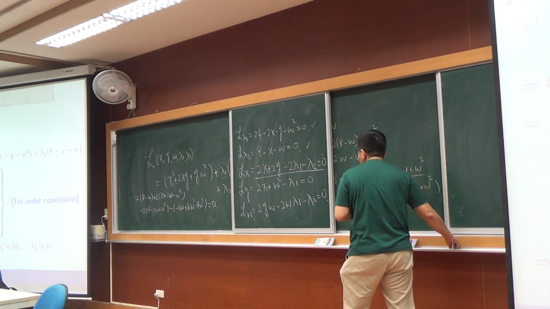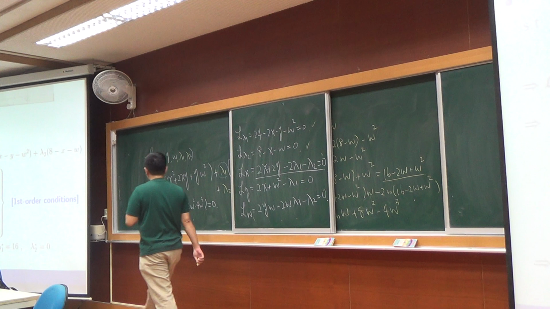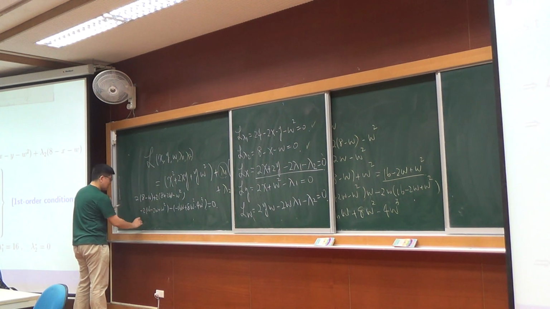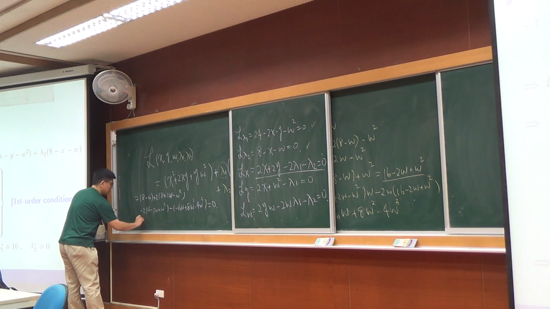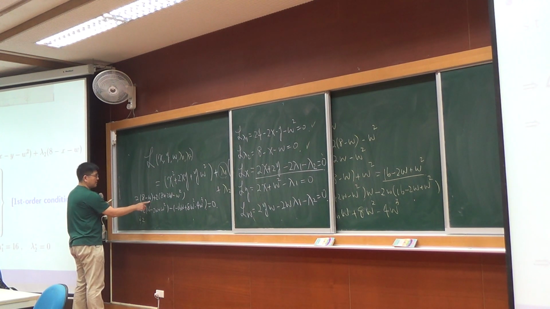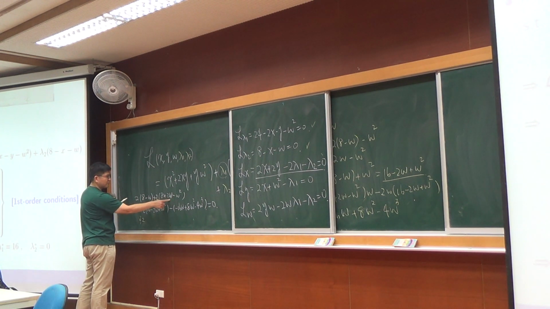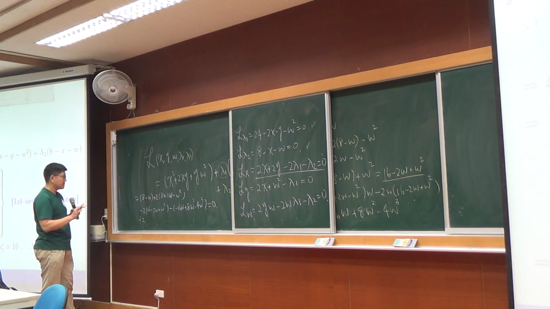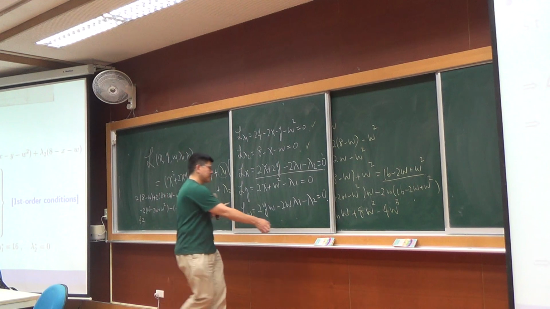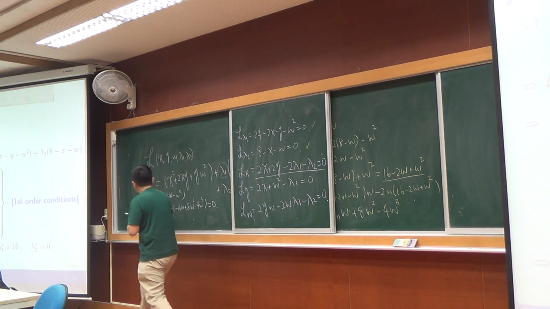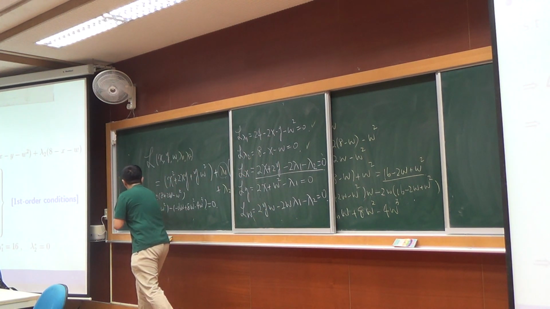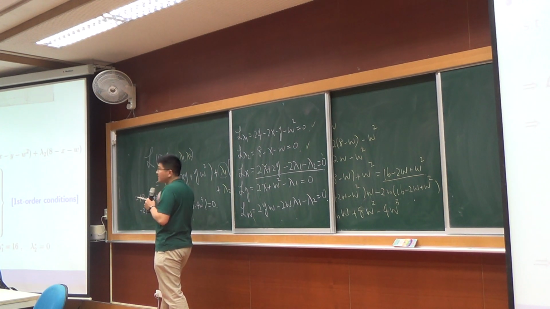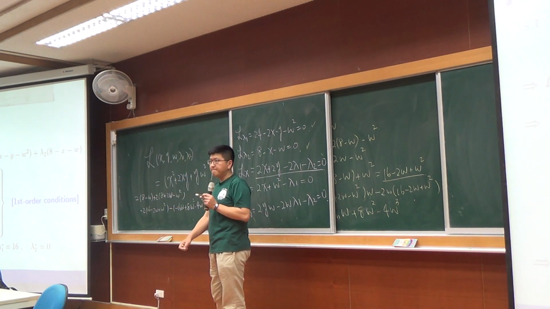So, 16, so 32 minus 2w plus 4w plus 4w. Oh, sorry, something wrong again. Once again, 16 and minus 32, so there's no constant term, right?